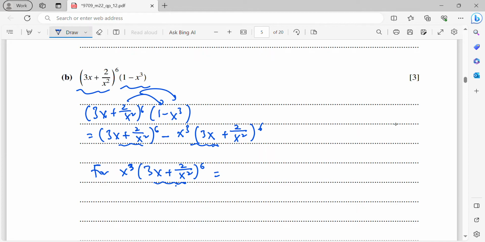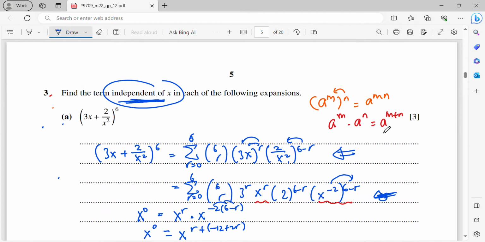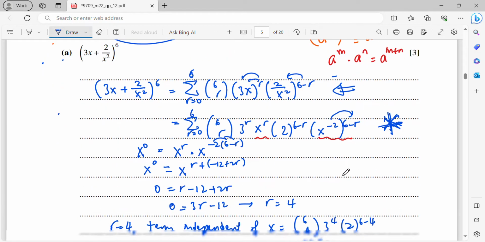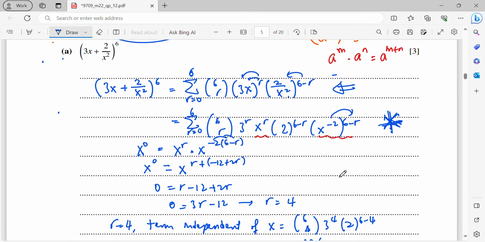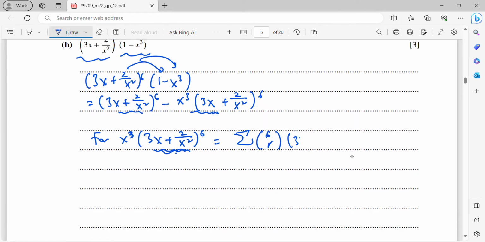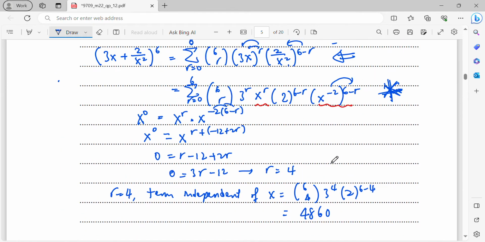Alright, so I will copy this and multiply with x to the power 3. So it will be summation 6Cr. This whole expansion, I will not rewrite, but I will just refer to this simplest form, the one that has been expanded. So I will write 3 power r, x power r, after that 2 to the power of 6 minus r, which is here.